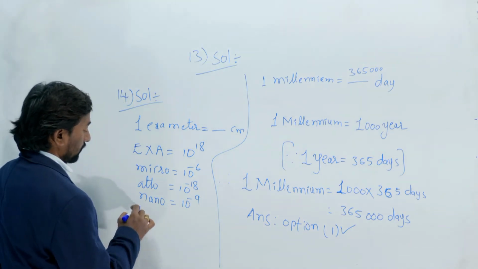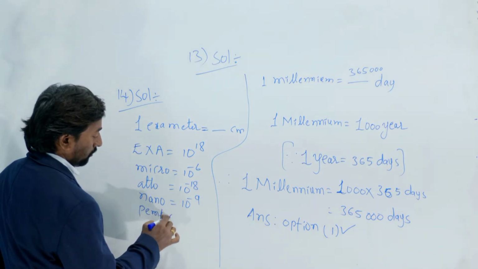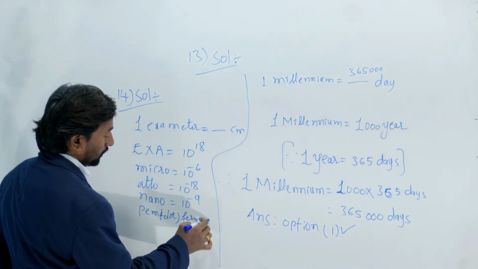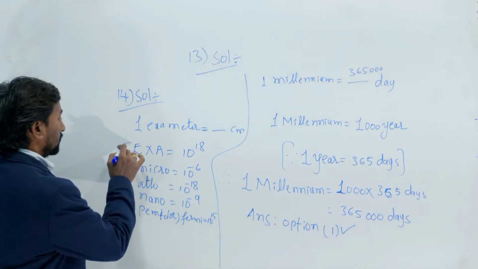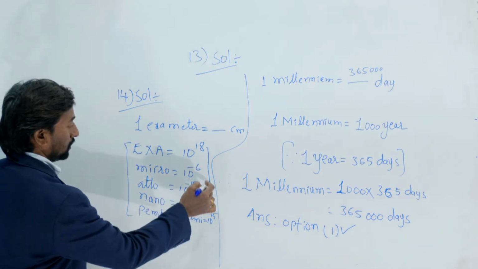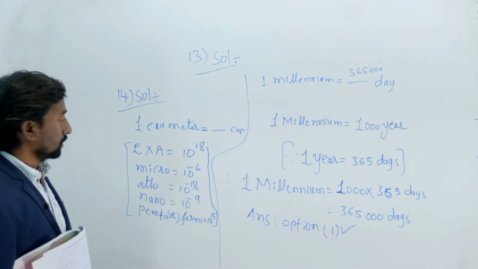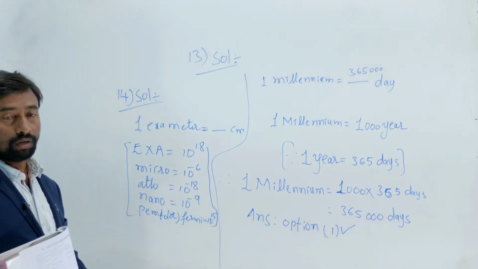Femto or Fermi is 10 to the power of minus 15. You have learned this table in the earlier days. Exa is 10 to the power of 18.